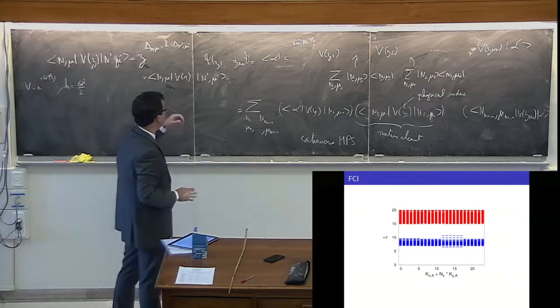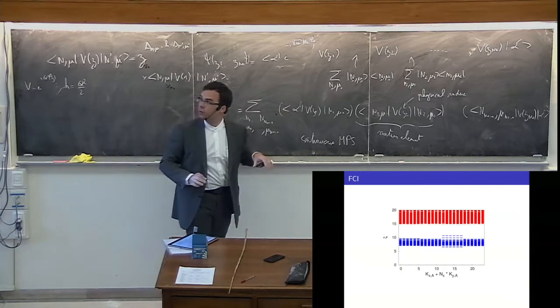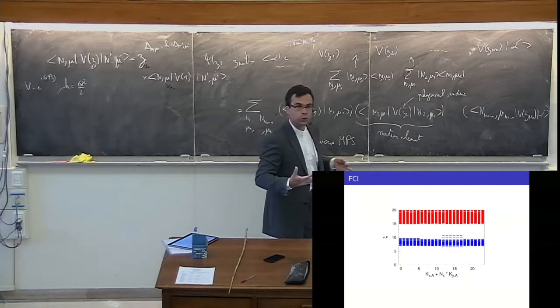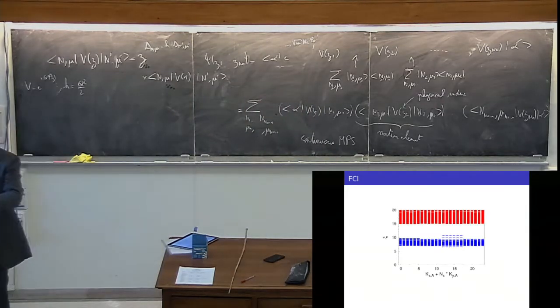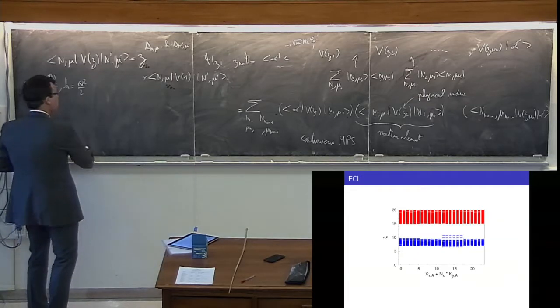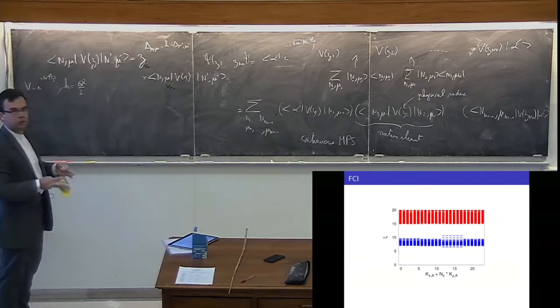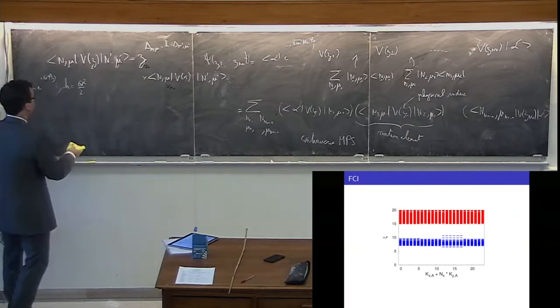So we want to go beyond this continuous MPS description. We want to use the orbital basis because this is the one that is convenient to encode in your computer. If you want to write a program to do any numerical simulation about the fractional quantum Hall effect, you will use this orbital basis.